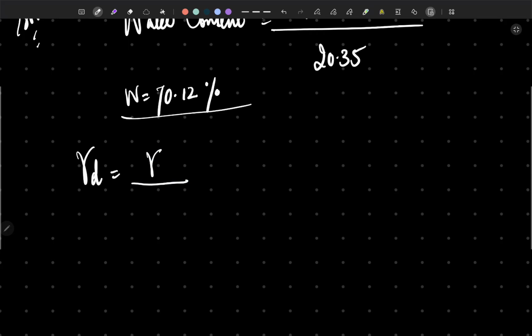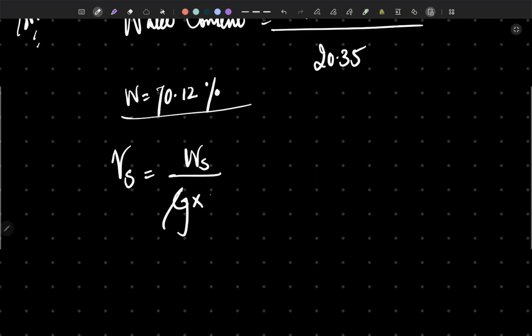I think it's pretty easy to use an alternative approach. We'll find the volume of solids first. Volume of solids is weight of solids divided by the density of water and the specific gravity of soil solids.